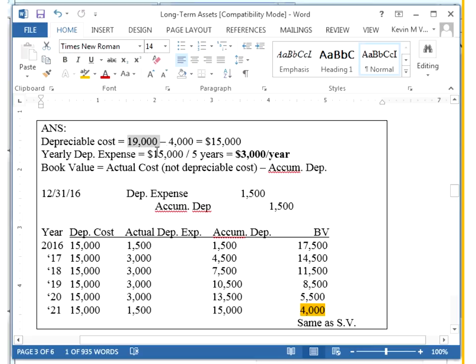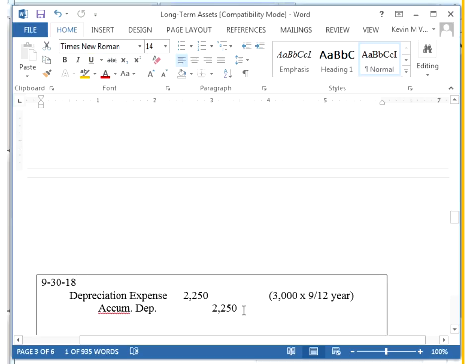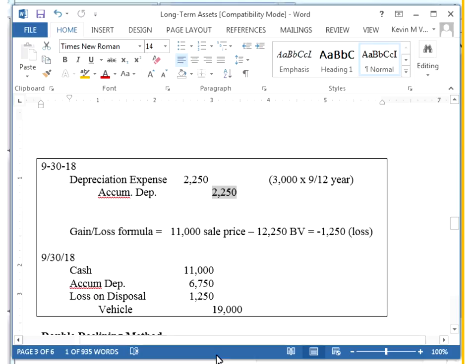Well, I sold this asset, so I need to credit $19,000 to my vehicle account. I also need to get rid of the accumulated depreciation that goes with it. So I had $4,500, but I just added in $2,250 to that account. So I need to get rid of both of these.